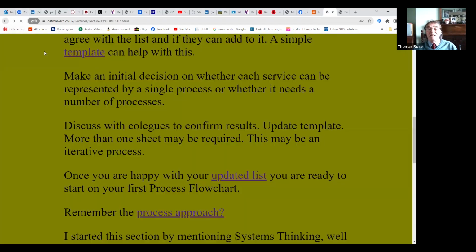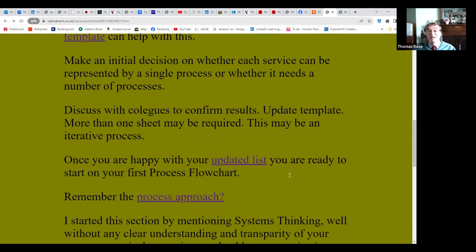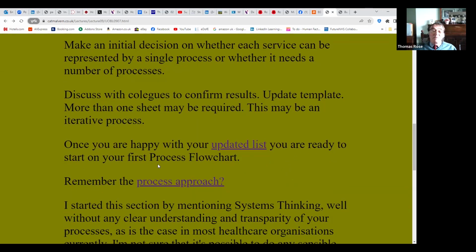But you know, you can easily make a template for putting these sorts of things together. But you've got to remember that you're using a process approach. So each process has got inputs from a previous process, and it's got outputs for a following process.